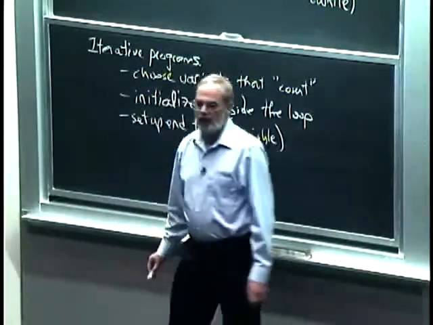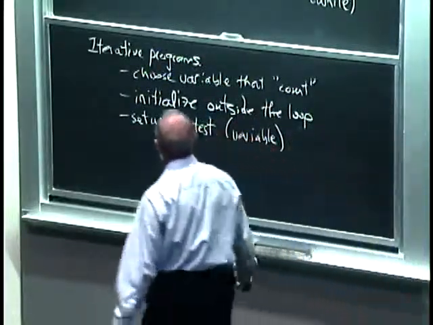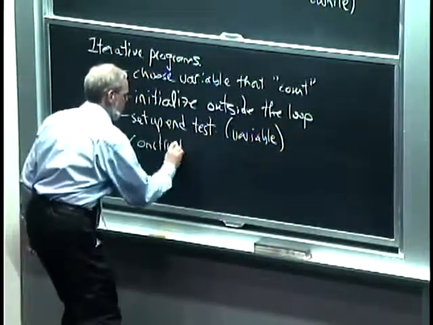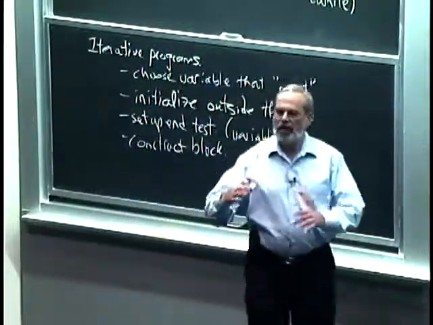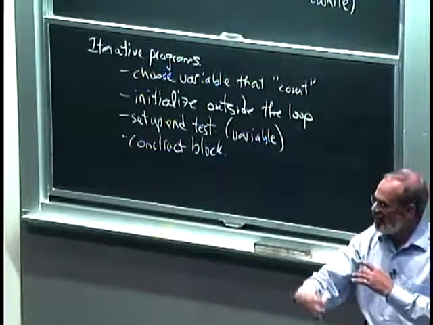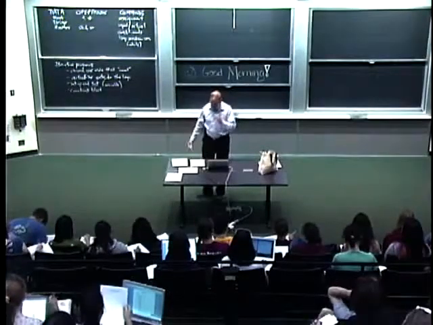All right, the fourth thing I'm going to do is construct the block of code. And I want to remind you that the block of code is a set of instructions, the same set of instructions that are going to be done each time through the loop. All that's going to change is the value of the variable or the value of some data structures.